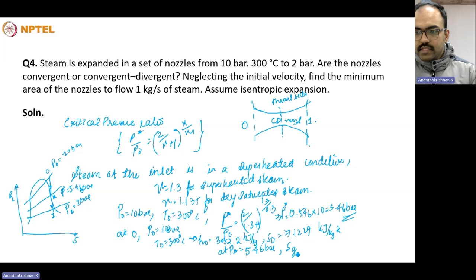We calculate the S_g, saturated gas, that will be less than the S value, S0. Therefore, S star will be equal to S0, equal to 7.1229, showing that this will be outside the vapor dome.